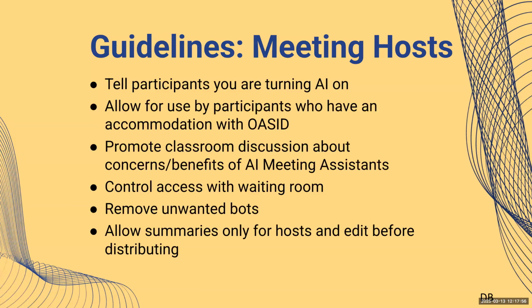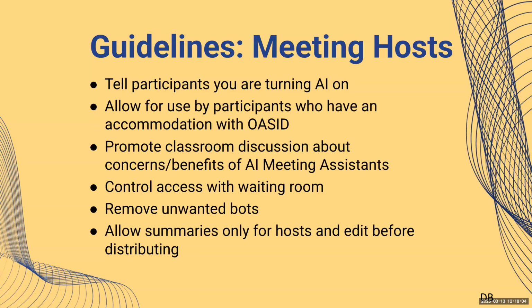The way that you can control it, if you're a host, is that you could put a waiting room on all of your meetings. But then it's an additional step that you have to take. You'd have to look through and let people in, and leave all of the AI bots in the waiting room. But again, that is an extra step that you can take.